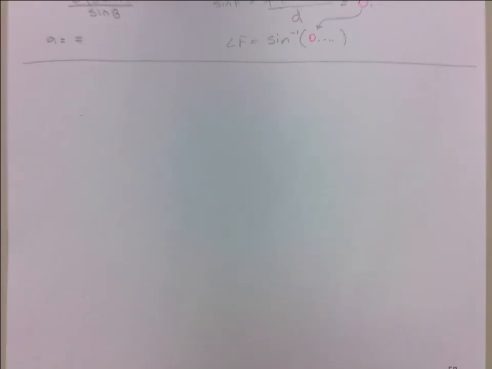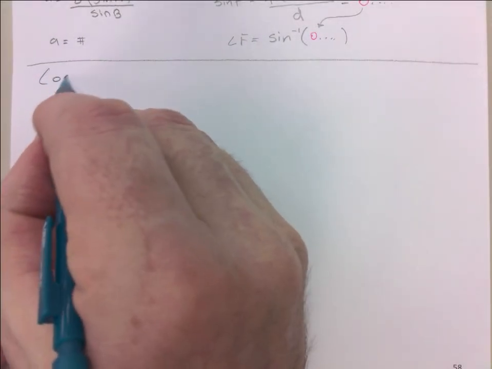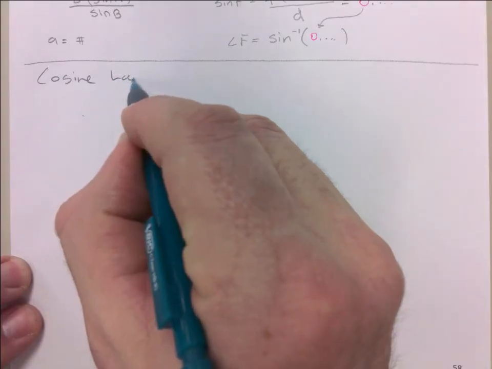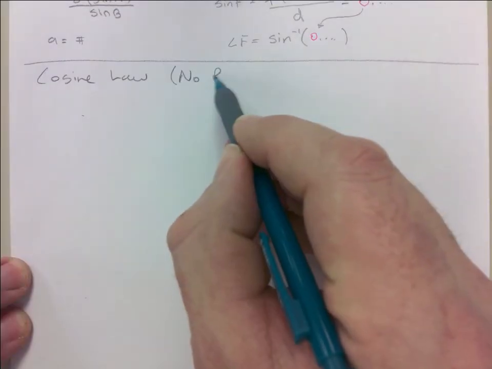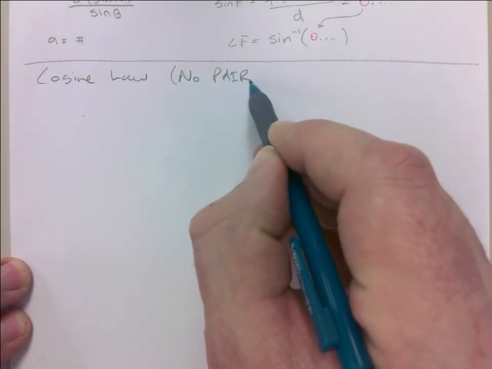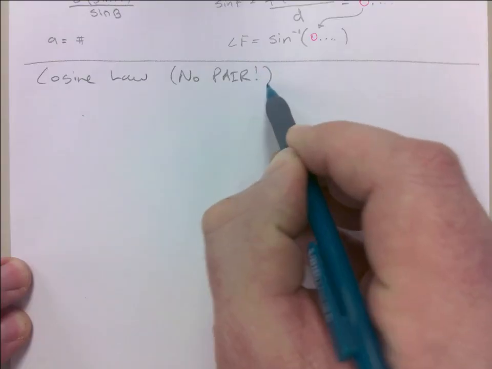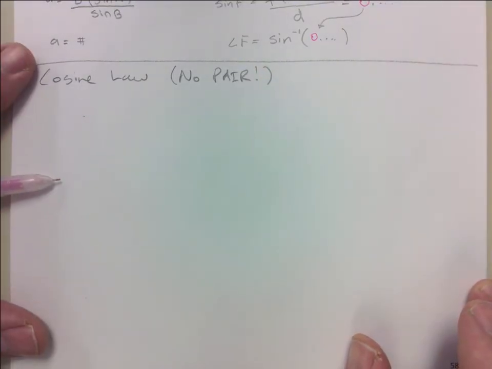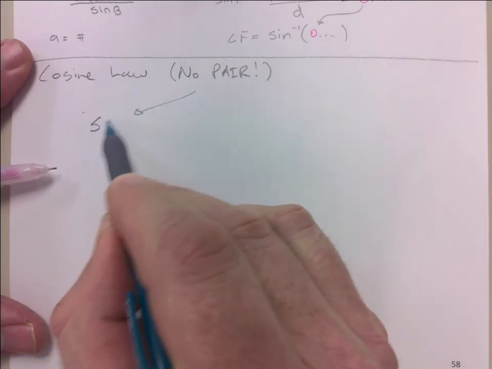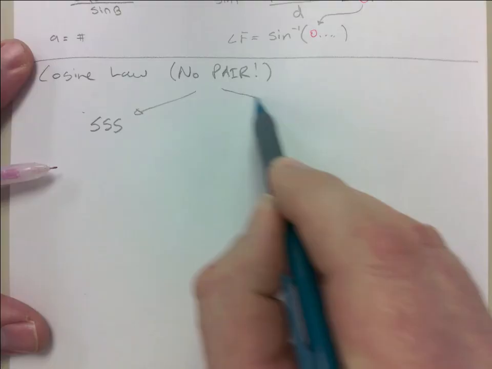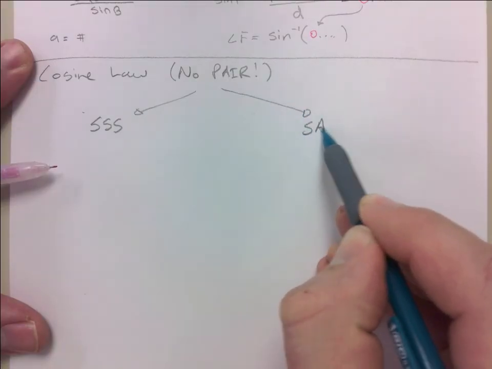Okay, cosine law. No pair. But there's two cases. We've got side, side, side, and we've got side, angle, side.